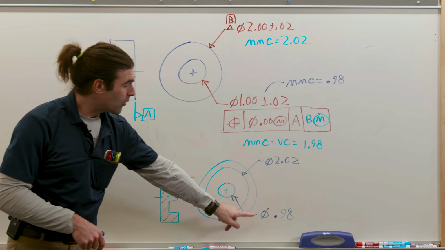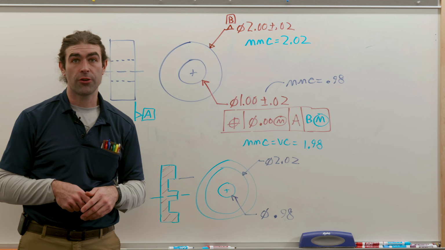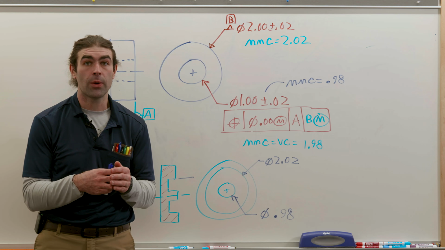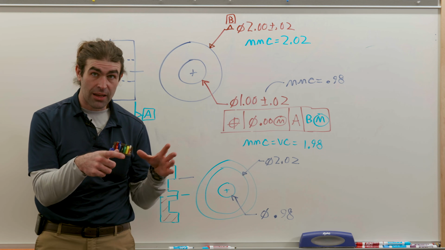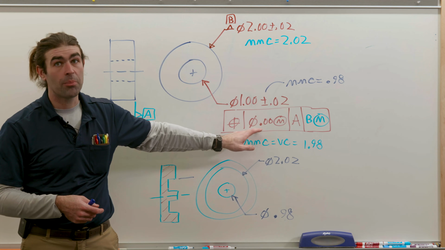The pin would be set to the MMC of this feature, so 1 inch plus or minus 20 thousandths. We would simulate it at 0.98. So if the part fits in that gauge, we've established that it has not violated this boundary.